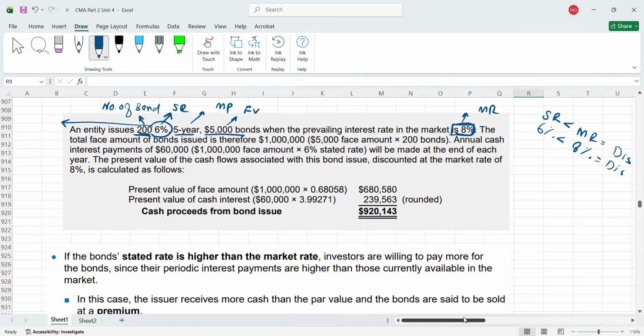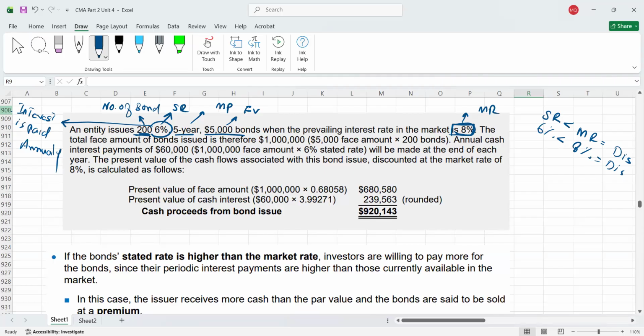Annually means once a year. So I'm putting here, interest is paid annually. In the question he will clearly state whether interest is paid annually or semi-annually. Semi-annual means twice a year, but here I'm assuming it's annual.